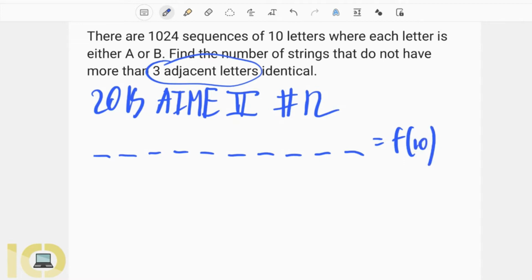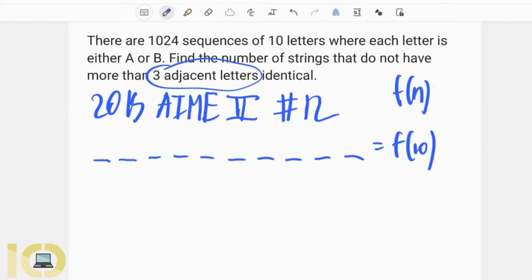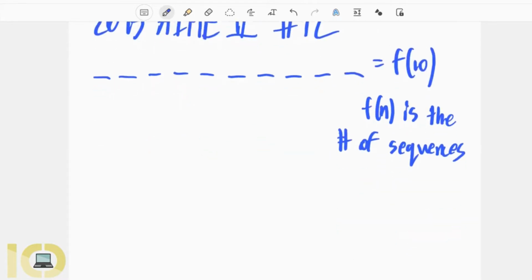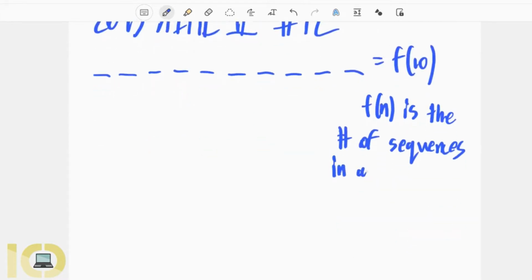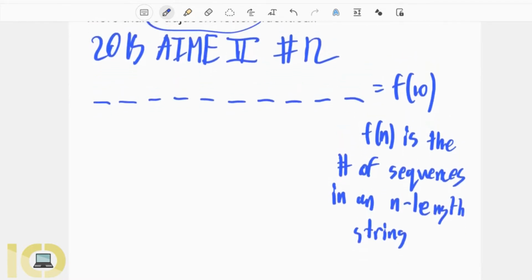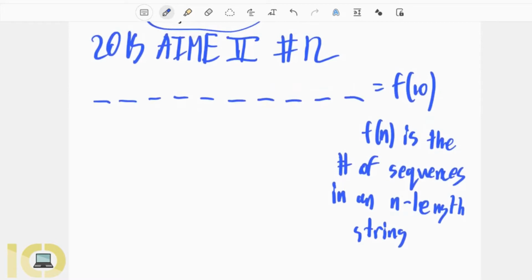Because there are 10 spaces here, I'm going to call it f of 10. So f of n is the number of sequences in an n length string. So now we have to figure out what this f of 10 is.